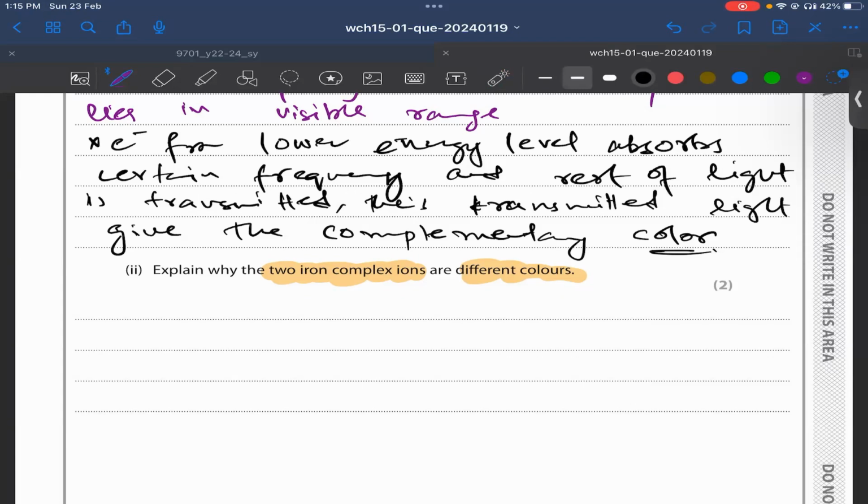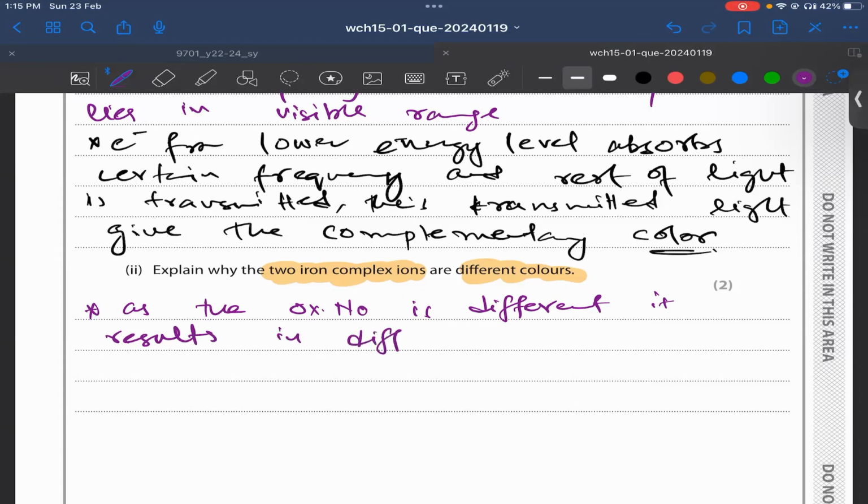So we can say that as the oxidation number is different, it results in a different energy gap.